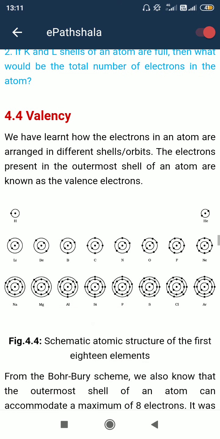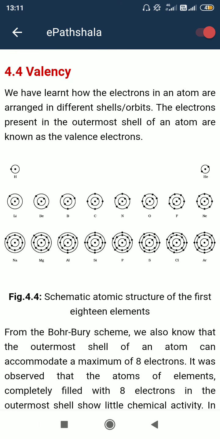Okay, let's go to valency. It has been seen that mostly in the outer shell, 8 electrons give stability. If the outer shell has 8 electrons, then it is stabilized.